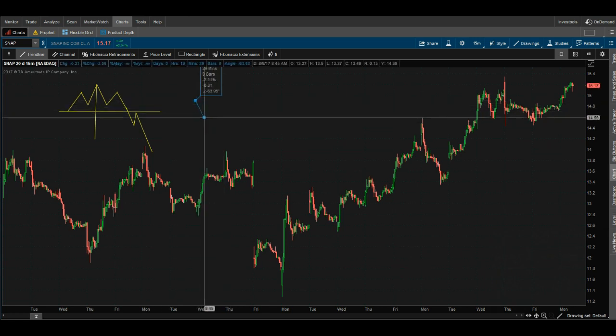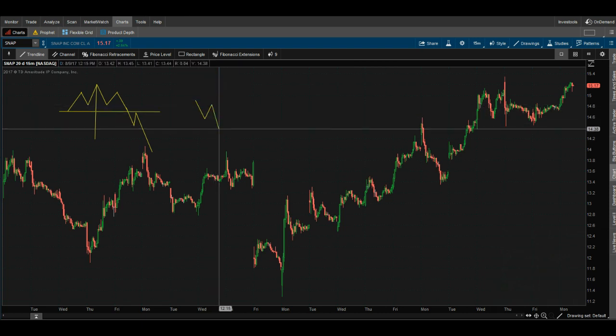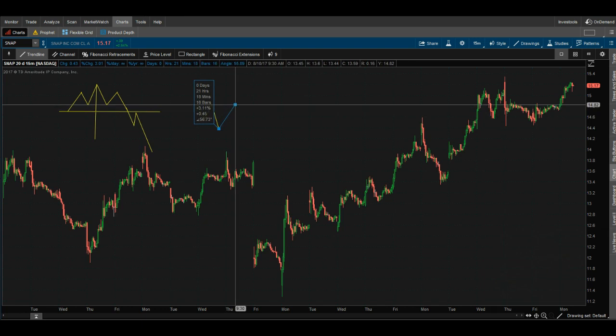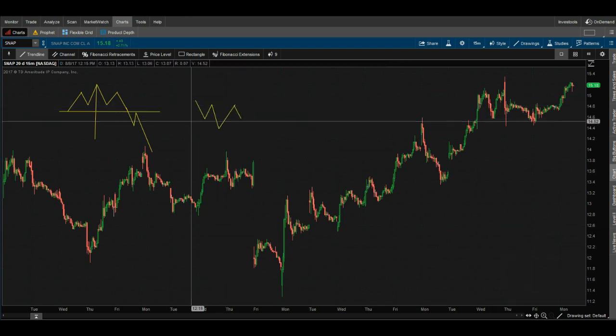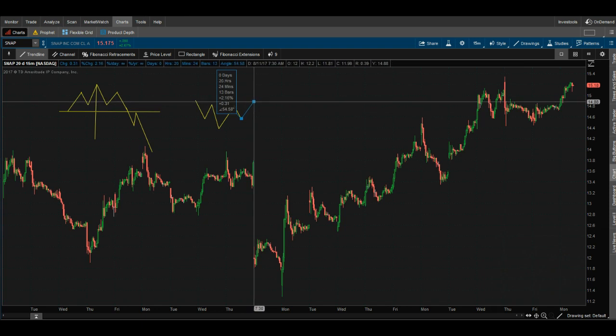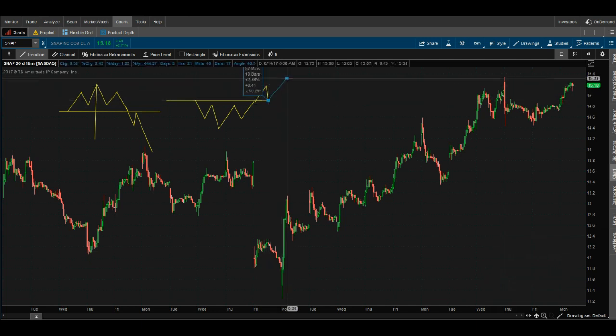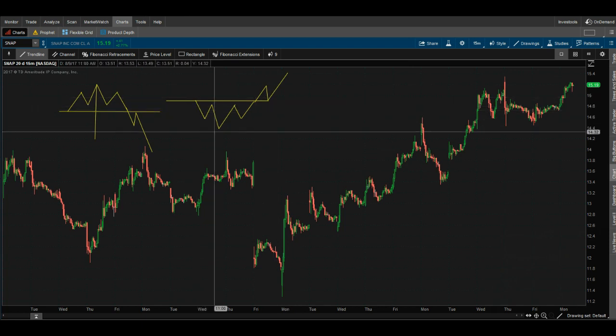Price makes a low, it rallies, makes a new low, rallies, makes a higher low, usually to the same level as this shoulder, and then rallies back up to the support level, and here you go. Then you look for the breakout, the snapback, and then the continuation higher.